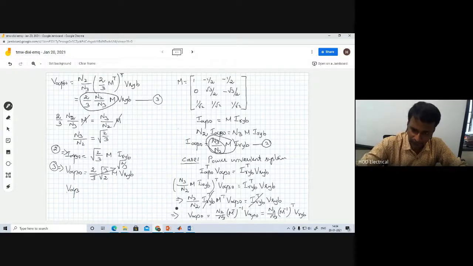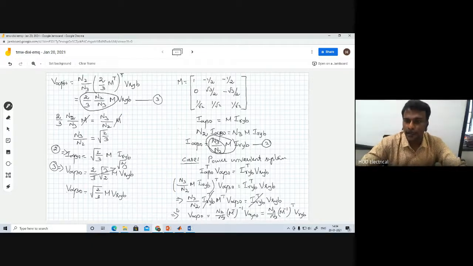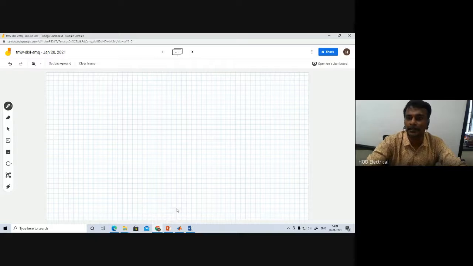So V alpha beta naught equal to root 2 by 3 into M into V R Y B.